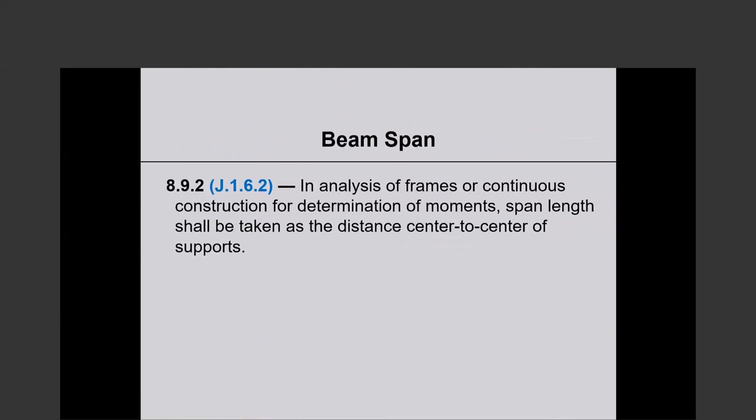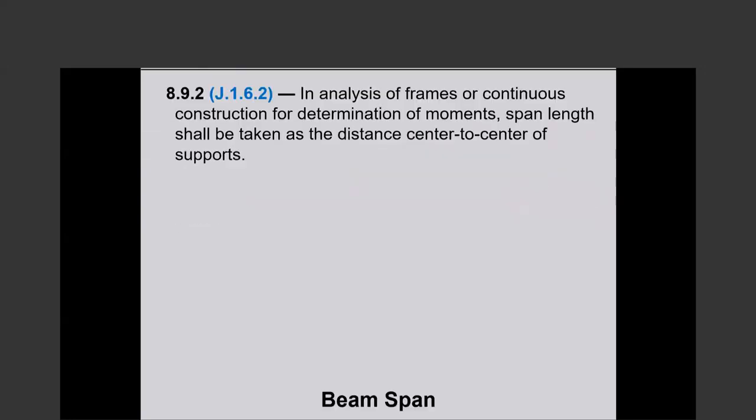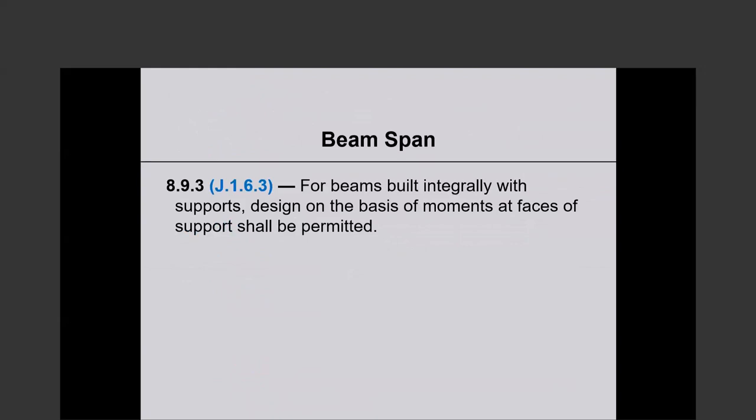In analysis of frames or continuous construction, for determination of moments, span length shall be taken as the distance center to center of supports. For beams built integrally with supports, design on the basis of moments at faces of support shall be permitted.